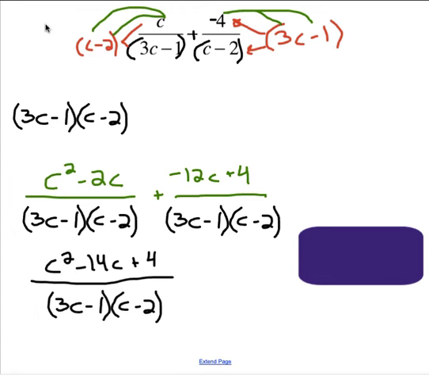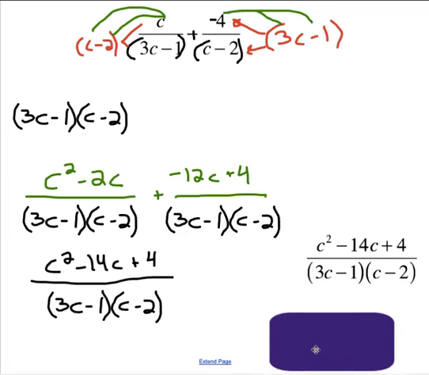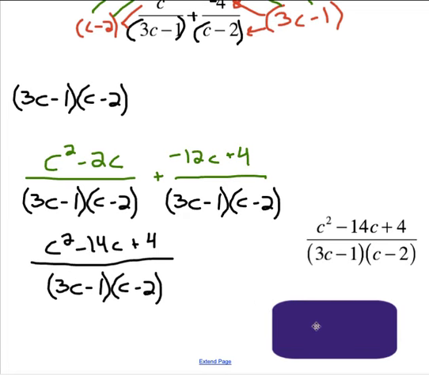Now the question is, does this numerator factor into one of those terms? So let's think about it. Two numbers that multiply to be 4 that add up to negative 14. Hopefully you realize fairly quickly that that's not factorable. And so my final answer is c squared minus 14c plus 4 over the quantity 3c minus 1 times the quantity c minus 2. And that is lesson 11-4.